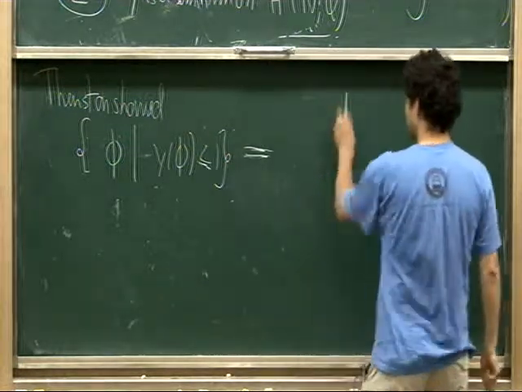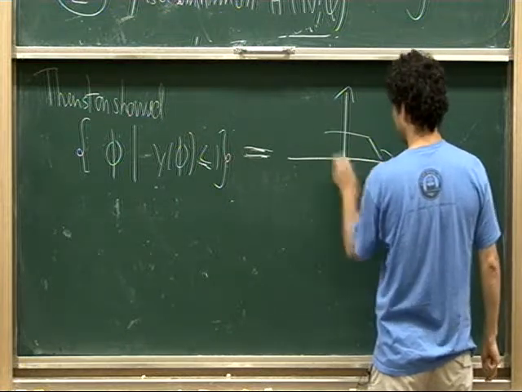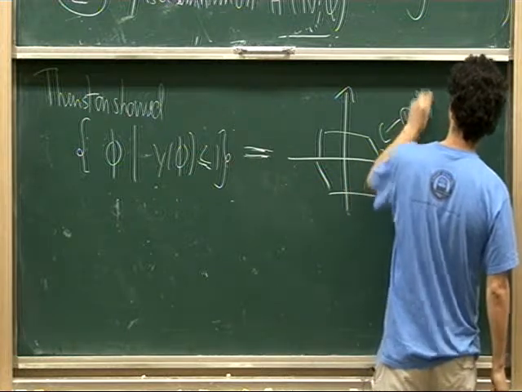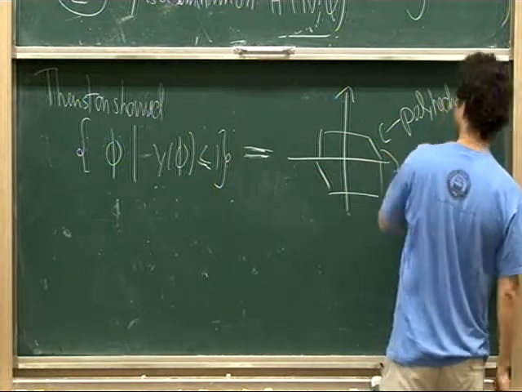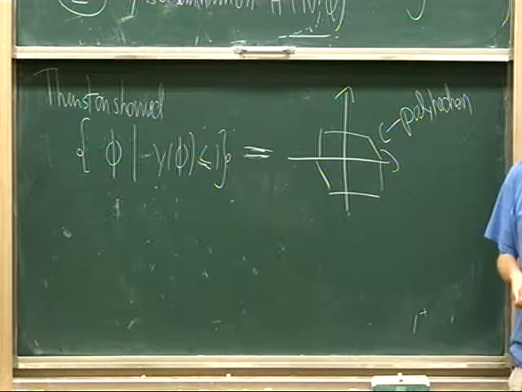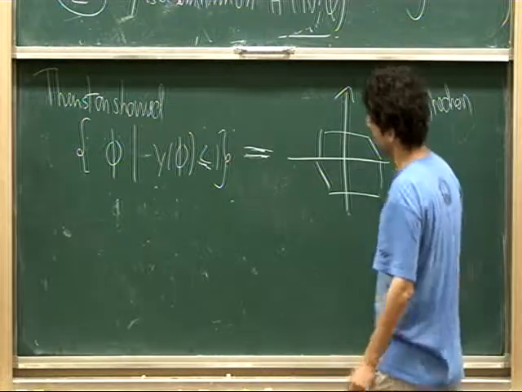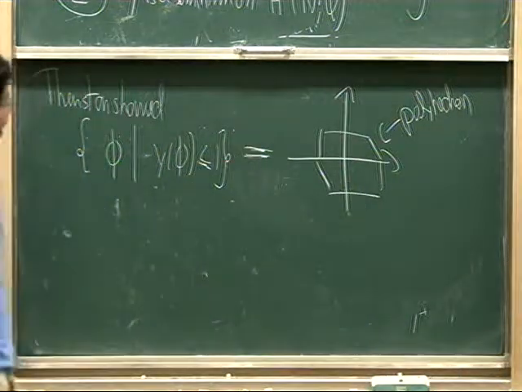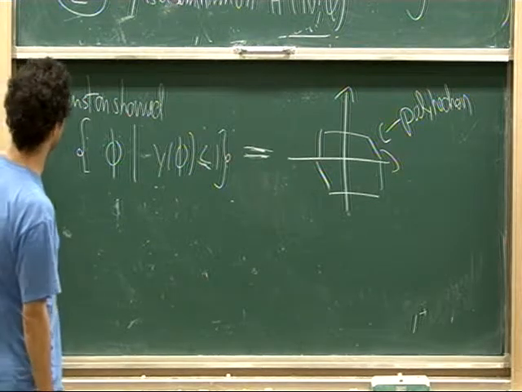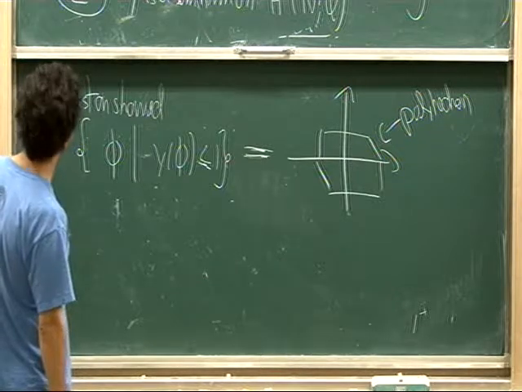So let me just draw a picture. It's a polyhedron, something like that. That's certainly not completely obvious from the definitions. So not just a random convex subset, but a polyhedron. Okay, so far so good.